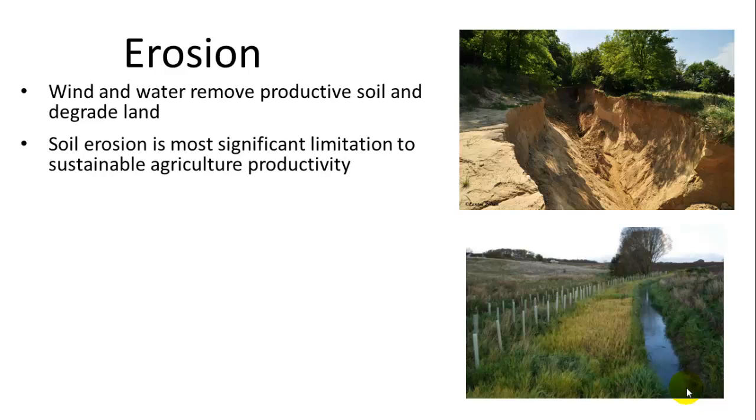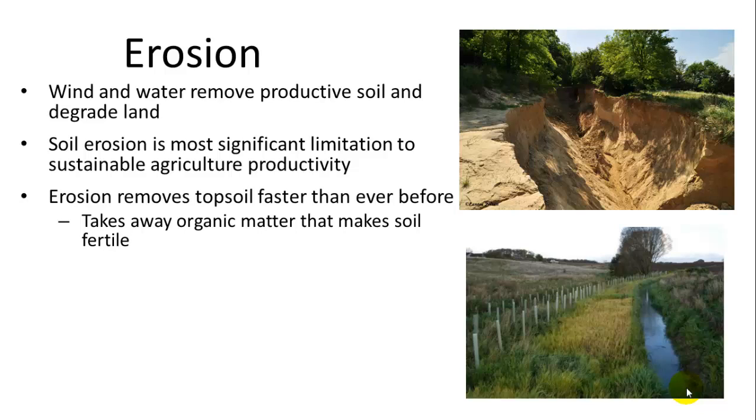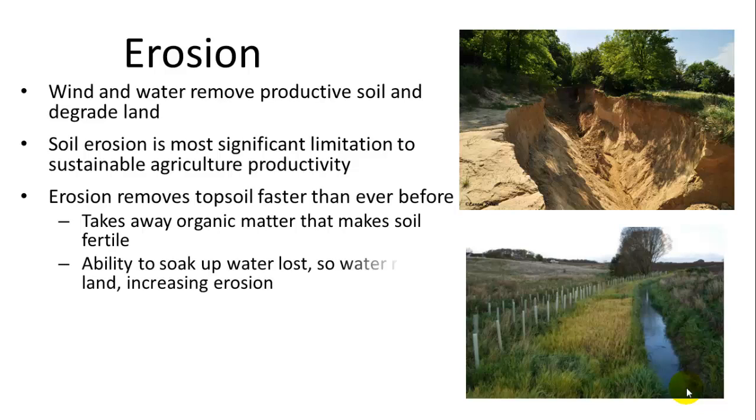It's most significant, however, to agriculture productivity, and it removes that topsoil, which is very important for the growth of our agriculture. So it takes away organic matter, such as leaves and dead things that are decomposing, which normally would stay put, but with this increase in runoff, it takes it away.